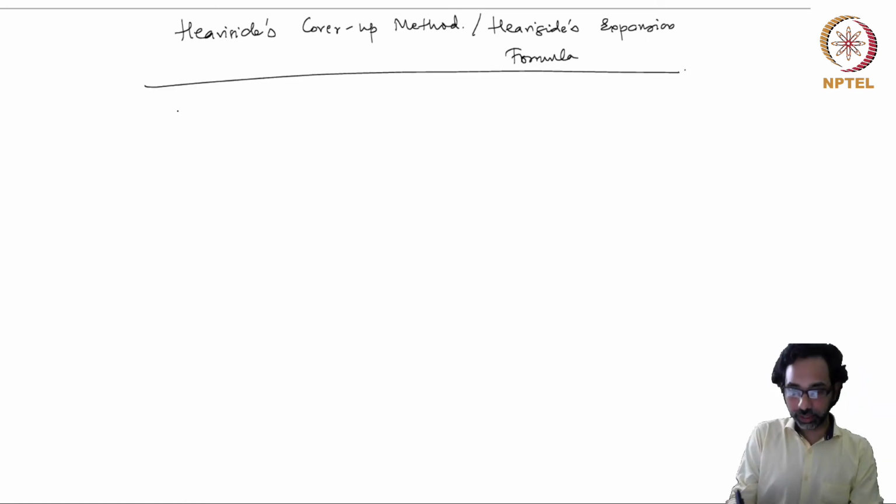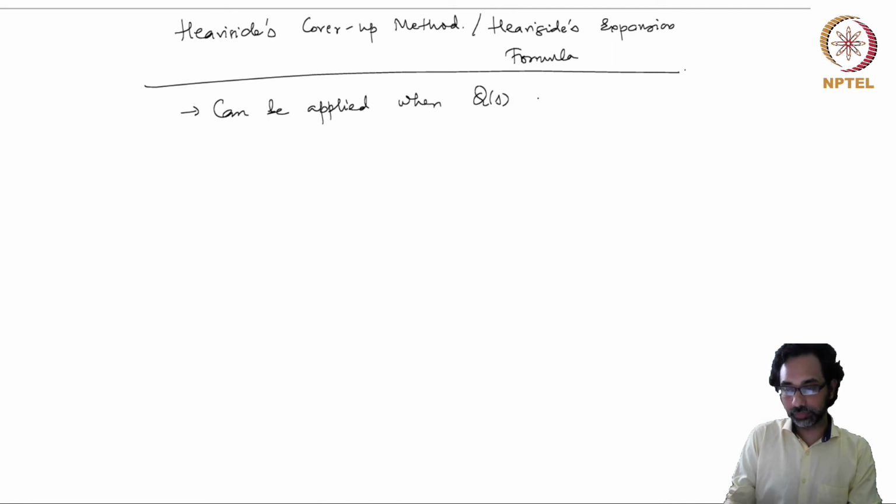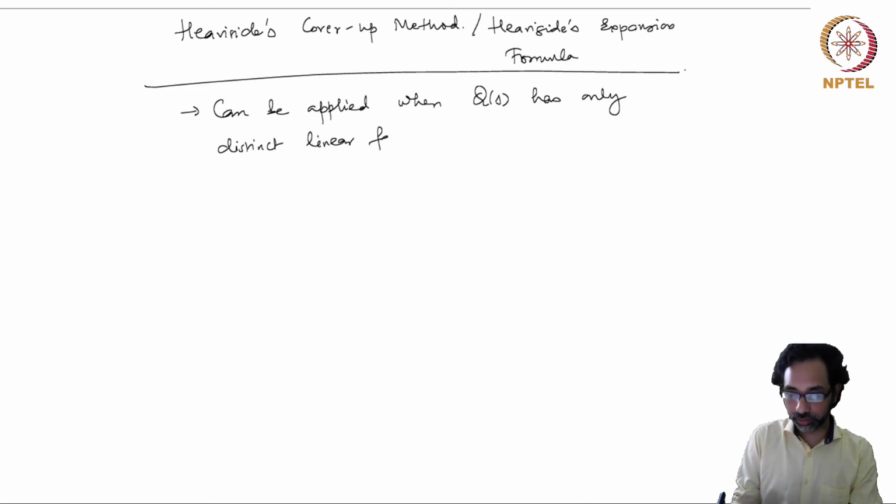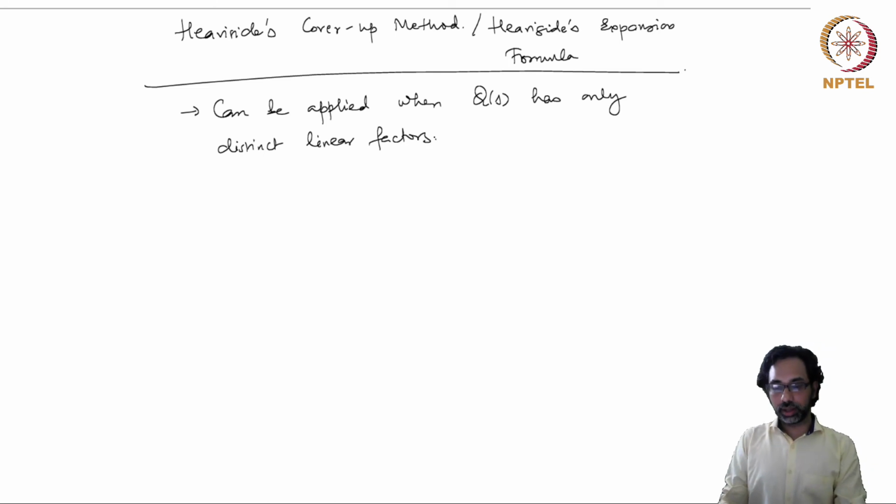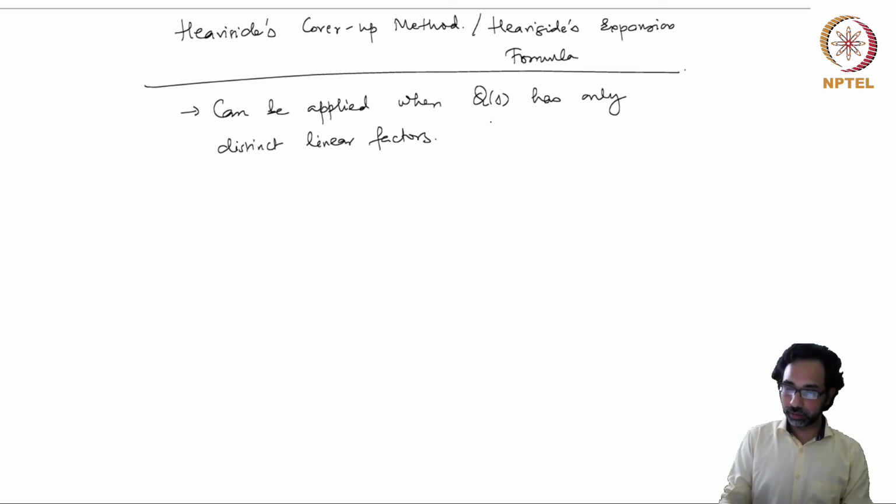This method can be applied when q(s) has only distinct linear factors, e.g. something like s minus a times s minus b.